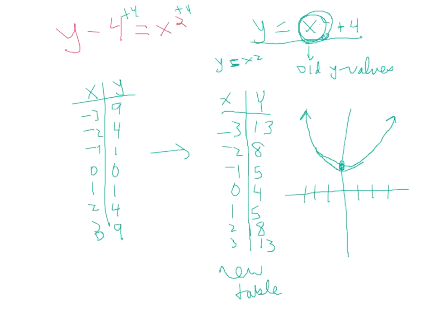That low value, that vertex, is now 0, 4, which makes sense if you look at the old y value of the vertex, it was 0. Now it tells us to add 4 to it. So we've slid this graph up. This is a vertical translation.